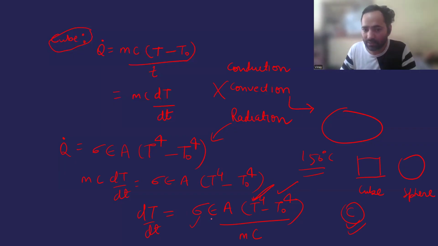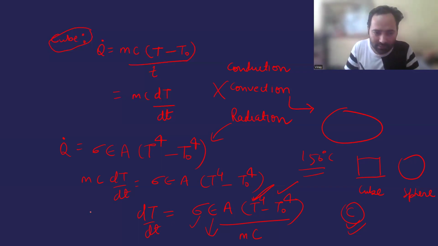It doesn't depend on anything. It's a universal constant, right? 5.67 into 10 to the power minus 8, that's how you remember, 5, 6, 7, 8. Emissivity depends on the material, and both materials are the same. So what is this rate of cooling? dT by dt is the rate of cooling.